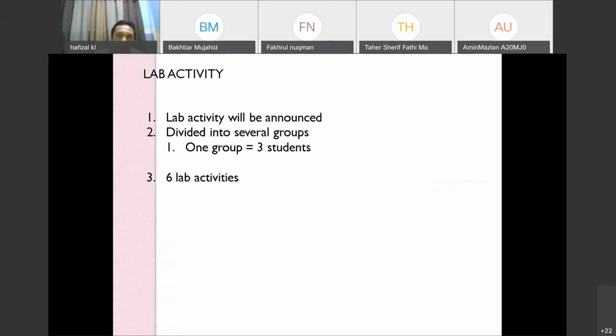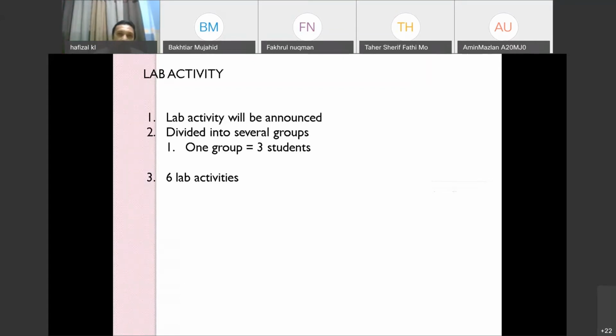So that means we have 1.5 months. Maybe we will start in week number 7 or number 8. From week number 1 until week number 6, we don't have any lab activities.